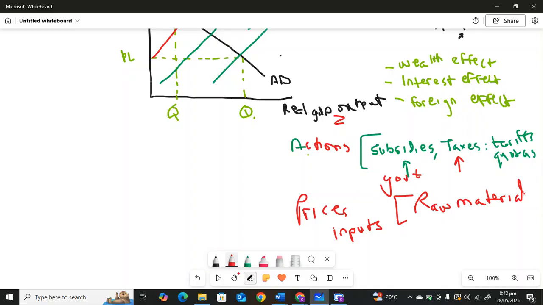You might start buying less. Okay. And if you buy less raw materials, it's expected for you to produce less also. If raw materials are cheaper, you buy more of them and you can produce more. Okay, you can buy more and produce more.